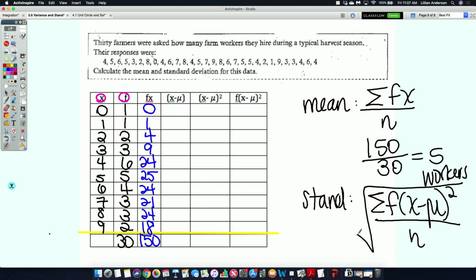So in other words, we need this last column. We need the total. We're going to divide by n, which is my total frequency, and then take the square root of that.